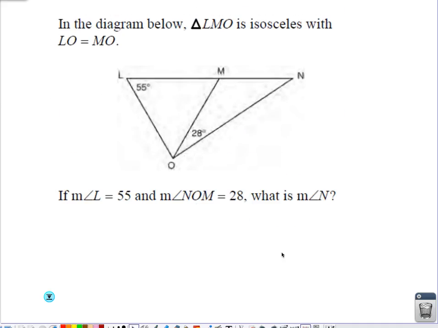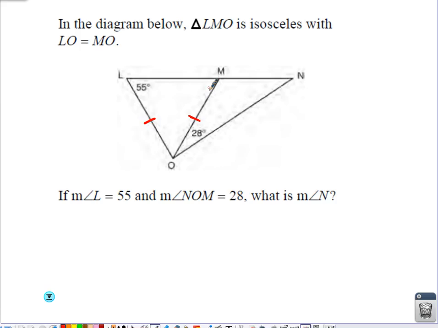In the diagram below, triangle LMO is isosceles with LO congruent to MO. Since LO and MO are the same, you see, Dylan, that's an isosceles triangle flipped upside down. Flip it back over and tell me, will angle 1 or angle 2 be the same thing as this 55 degrees?